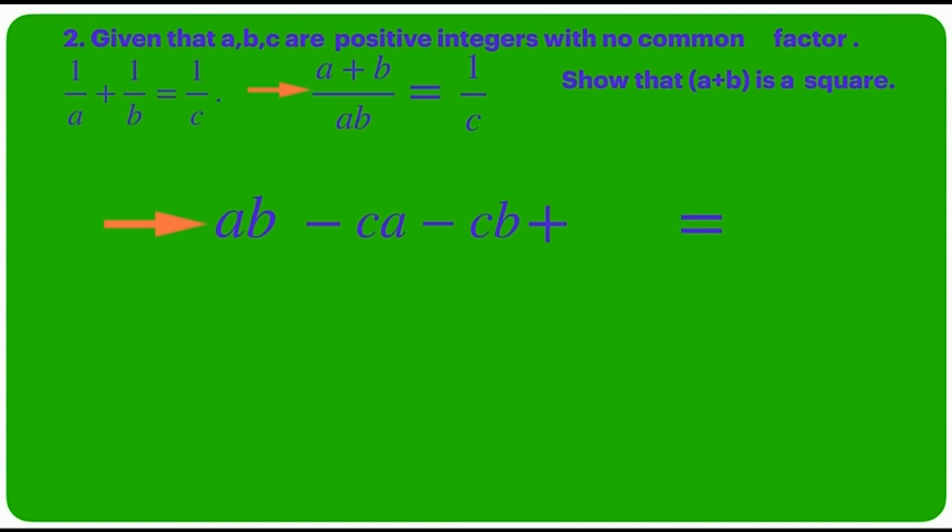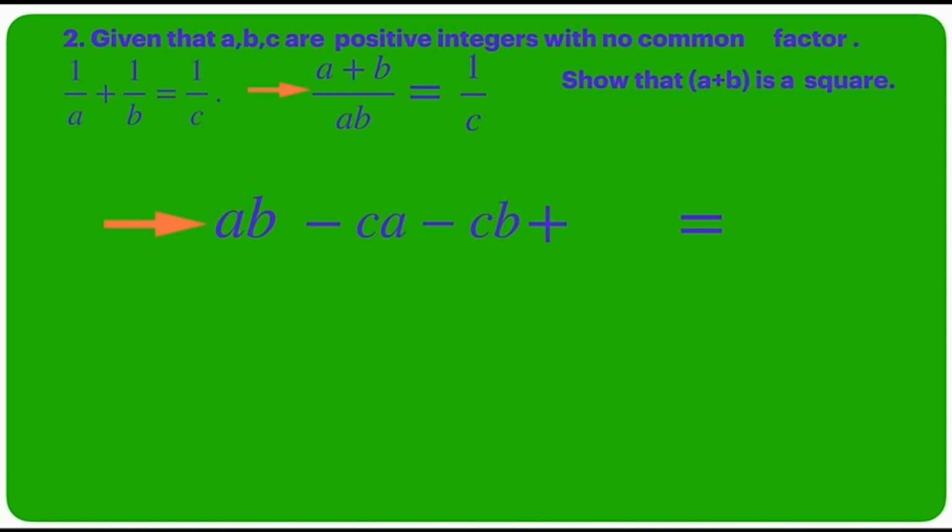If we can add a square to both sides, then we can easily take b minus c as the common factor, because from the first and second term, if we take a as common, then b minus c will be the factor, and from the third and fourth term, b minus c will also have to come.